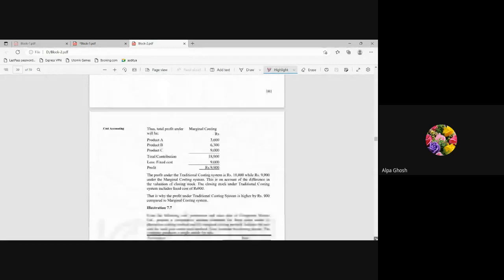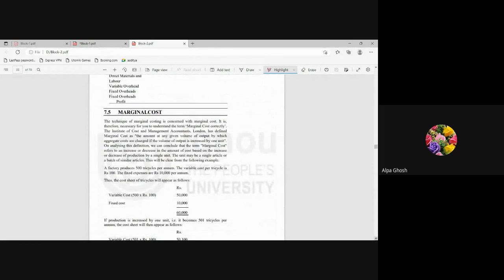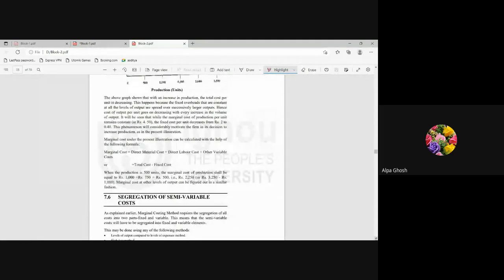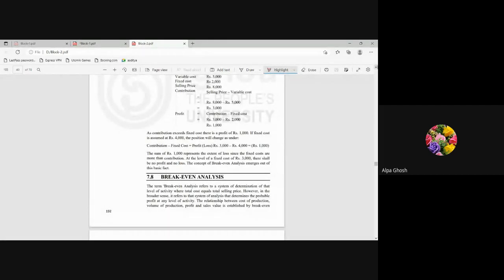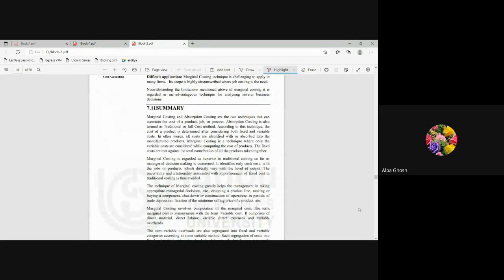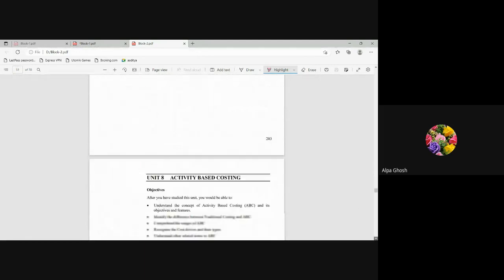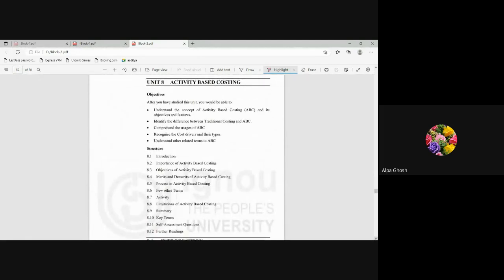So this is absorption costing and marginal costing differences. And now we are coming to the last unit of second block, last chapter, that is activity-based costing.